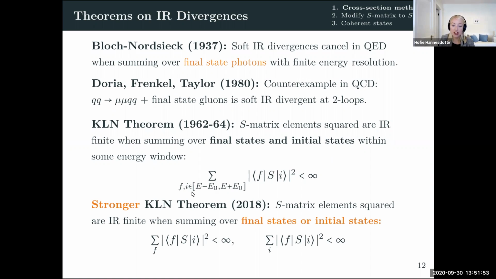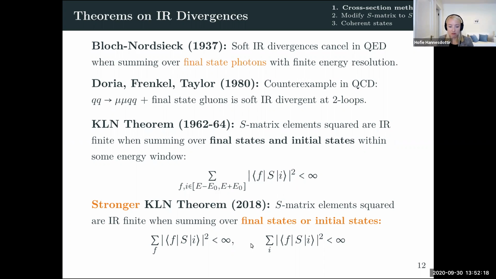I've eliminated the need to sum over both final states and initial states, and I've also gotten rid of this energy window. If you think about it, this energy window doesn't make sense because the S-matrix conserves energy, so the cancellation of IR divergences has to happen point by point in energy phase space.